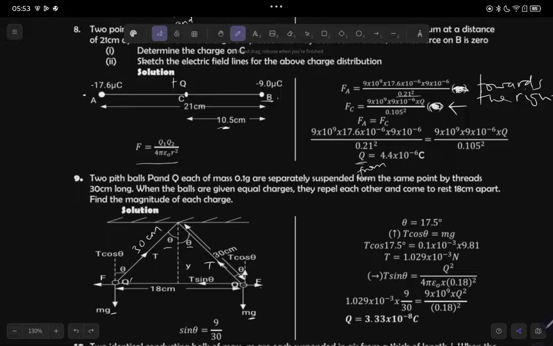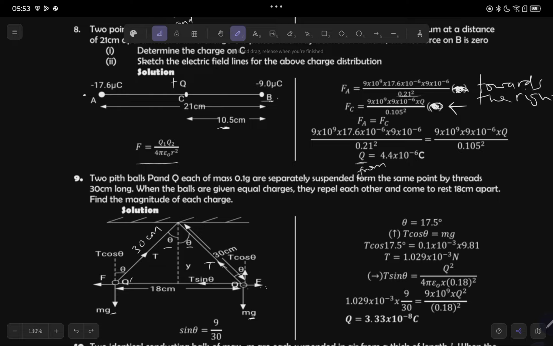Now, we shall need to resolve these forces so that we can balance the forces at each individual charge. If we consider one of the charges, let's say Q, we have the electrostatic force, the weight, and the tension T in the string. Since the tension is not vertical, we shall resolve it.